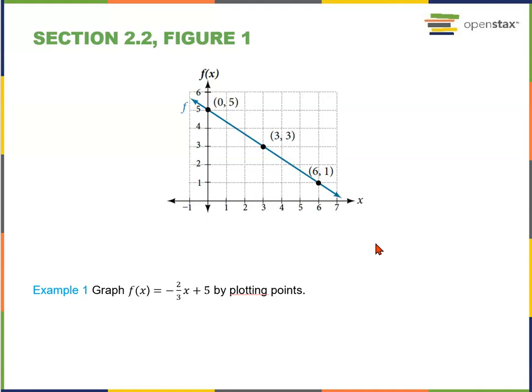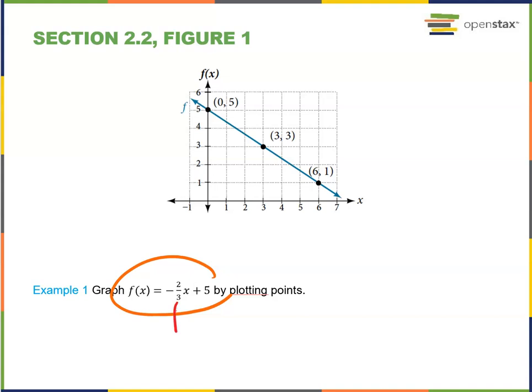Let's start with the first example here. Graphing a linear function. Graph f of x equal to negative 2/3 x plus 5 by plotting points. So first, what do we know about the given here?